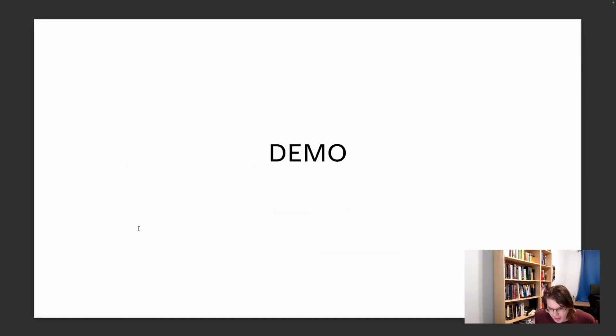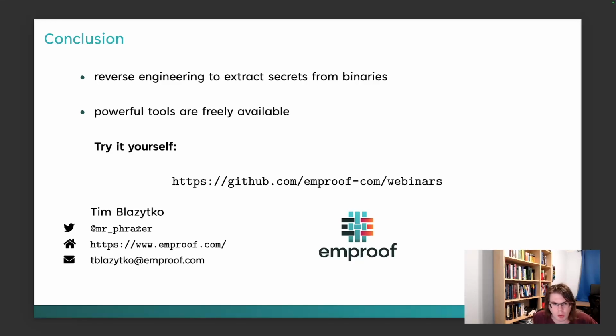So if you want to do this on your own, basically we discussed how we can do reverse engineering to extract secrets from binaries. There are powerful tools out there like Ghidra, which is freely available and open source, or Binary Ninja, or IDA, where free versions are available.